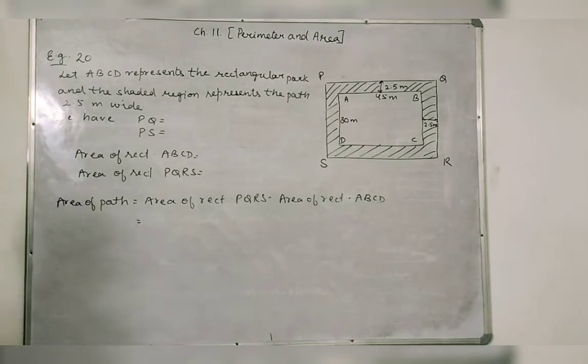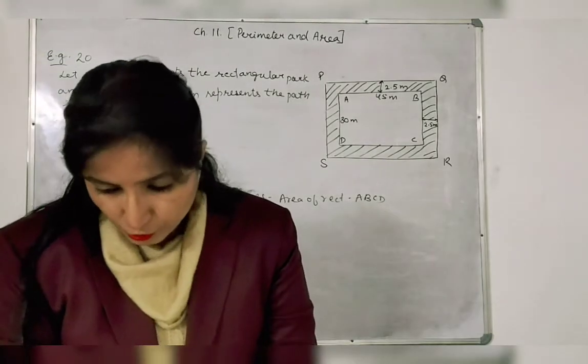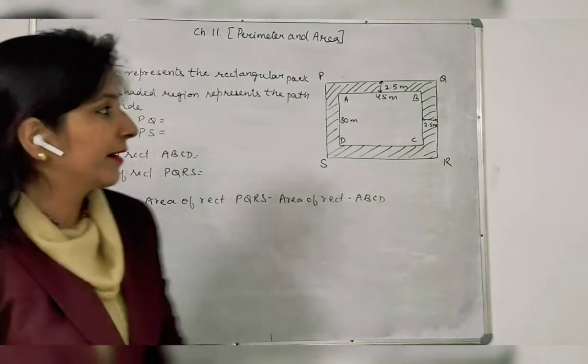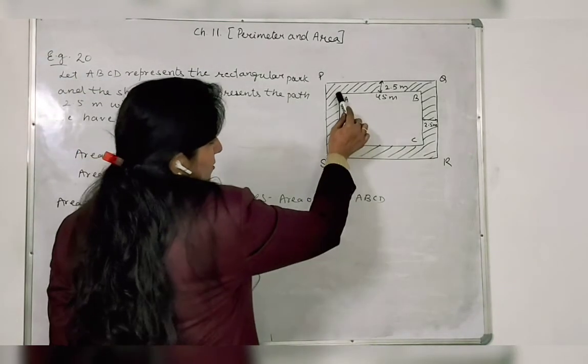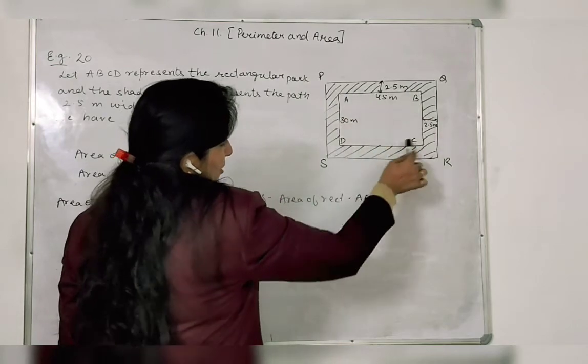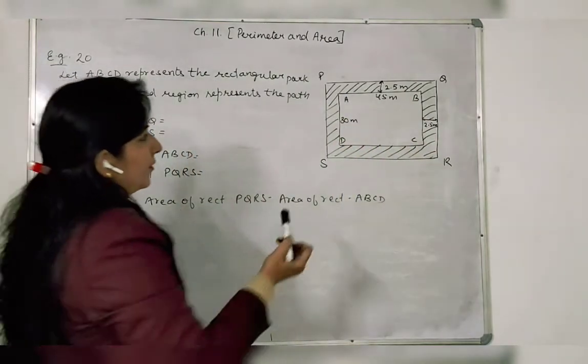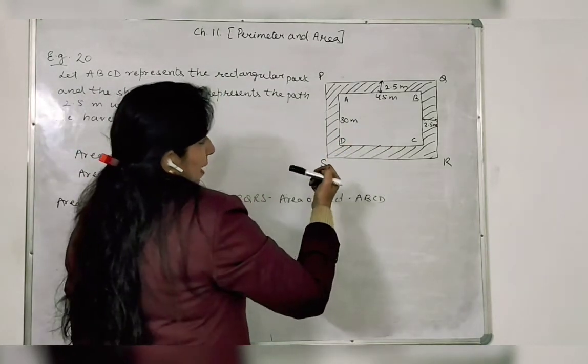Now students, let us start doing the examples. First of all, example number 20, on page number 225. In this example, a rectangular park is given. Suppose the rectangle which I have made, ABCD, is a rectangular park, and the length and breadth of this park are given to us.